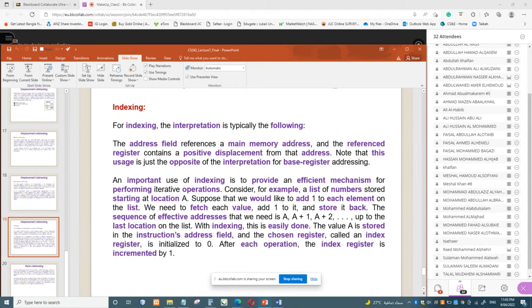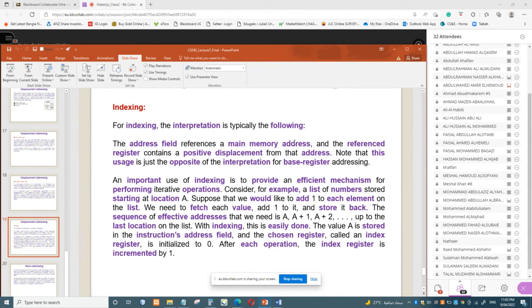So try to understand the difference between these two. In both cases, to get an effective address, you need to know the starting address of a segment, and you also have to know the displacement, how far from the beginning you have to go to reach the actual memory location containing your operand.